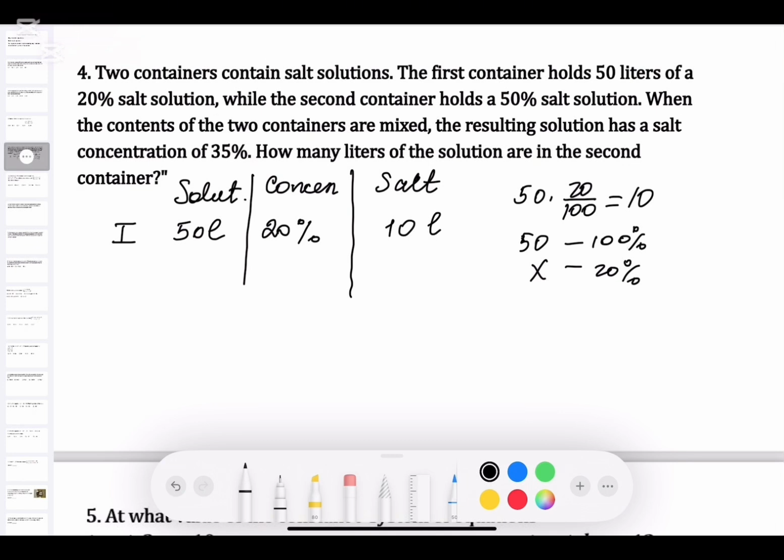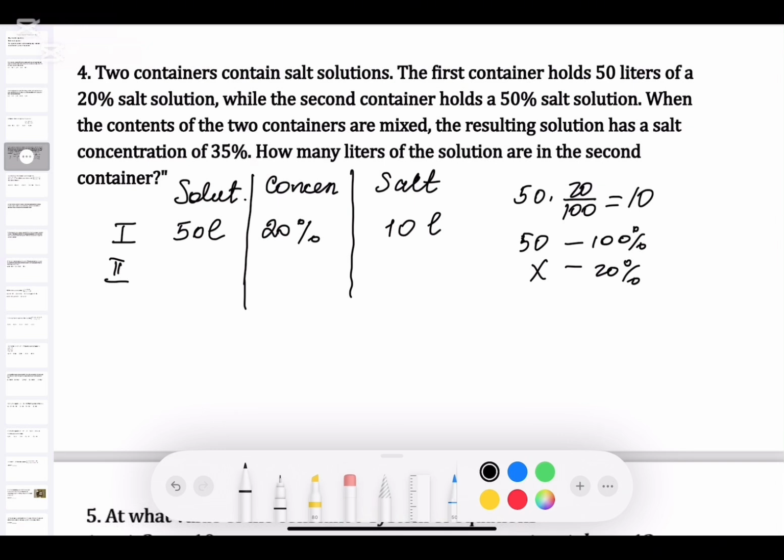Now, we have this first container that holds 20% salt solution, while the second container holds a 50% salt solution. We have no information about the whole amount of the solution in the second container. We're going to name it as, well, already occupied x here, so I'm going to use a different variable.